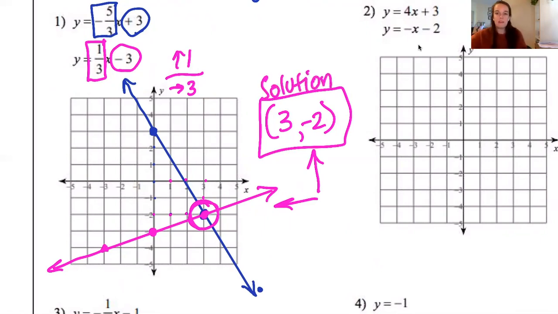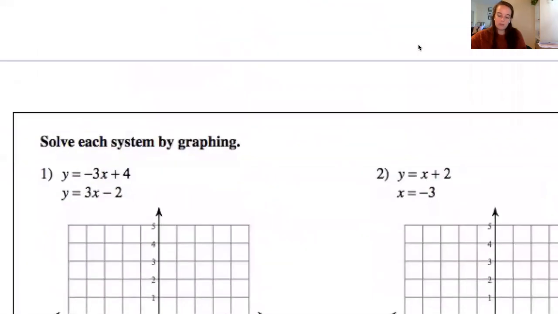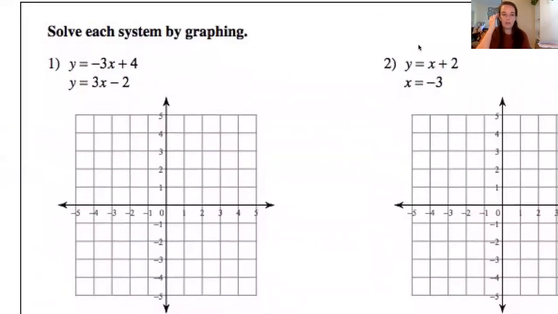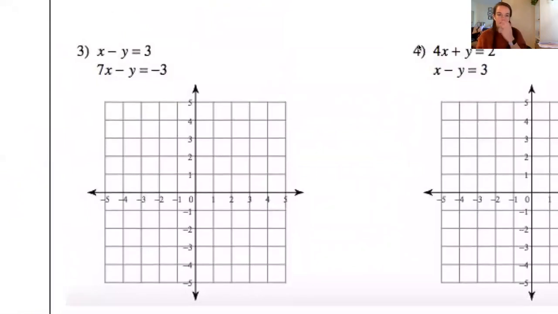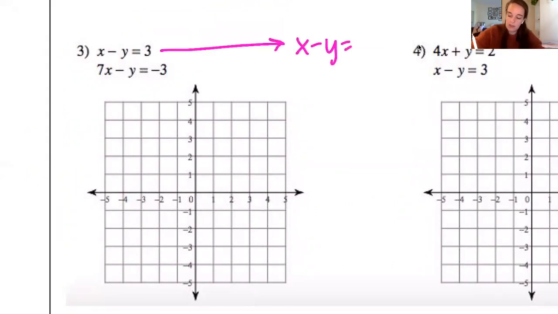Okay. If you're looking at some of the later problems, you'll see that there are some problems that are in standard form. So you're going to solve for y first. So here I would have x minus y equals 3. So I'm going to go ahead and subtract x.